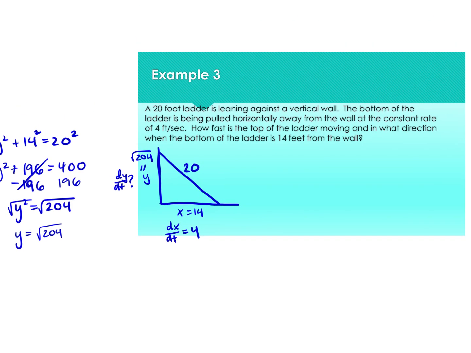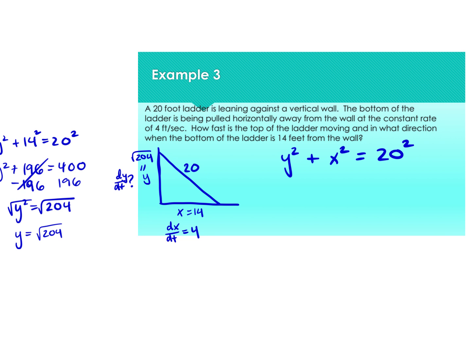So it's asking how fast is the top of the ladder moving and in what direction. So we're looking for dy over dt. What would the equation that we need to set up be? Awesome, Pythagorean theorem. So y squared plus x squared equals 20 squared. Now I can plug 20 into my Pythagorean theorem because the length of the ladder does not change.